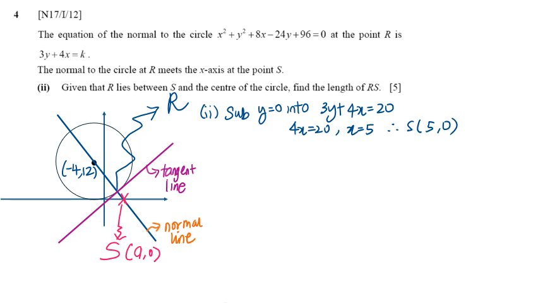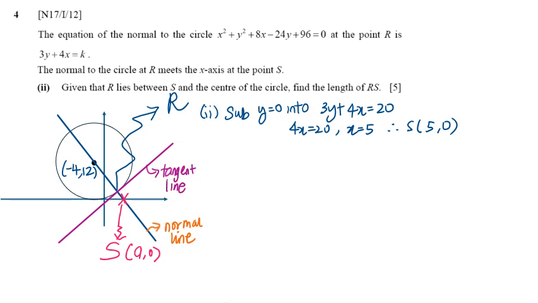But the big problem here is I do not know the equation of the tangent line, and I can't find it because I need point R to find it. So the only way to find point R is to use the equation of the circle instead. Point R is the intersection point of the circle and the normal line.